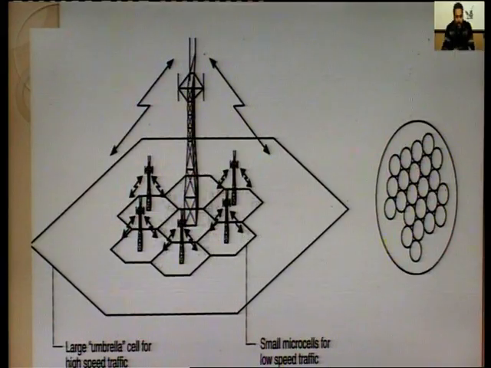There are 7 micro cells, each having its unique tower, and in the central cell there is another tower, another base station which is extra, a special tower which covers the entire geographical area, and that cell is called an umbrella cell. It looks like an umbrella, it covers all the area. So, it reduces the number of handovers or call dropping if there is a large density of population crossing that area or moving in that cell.